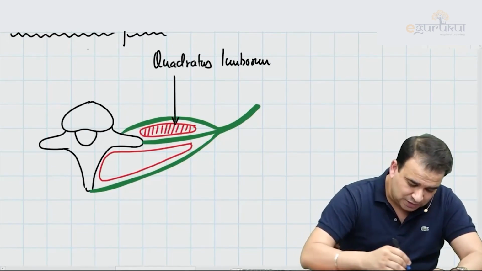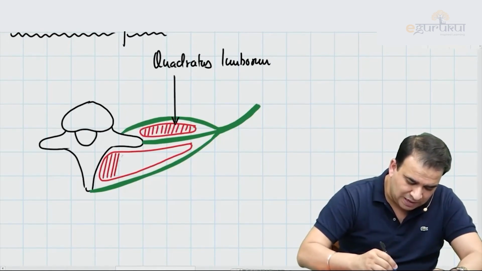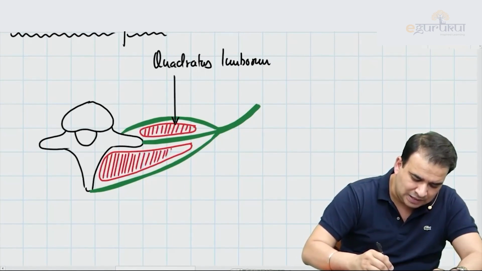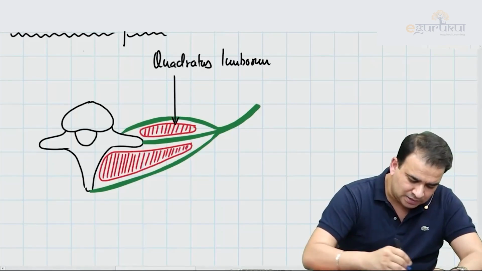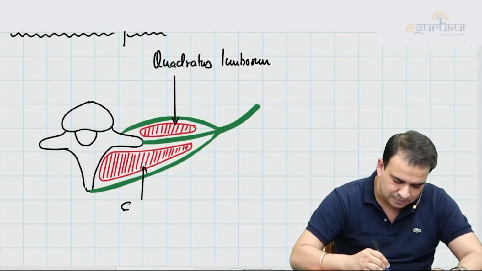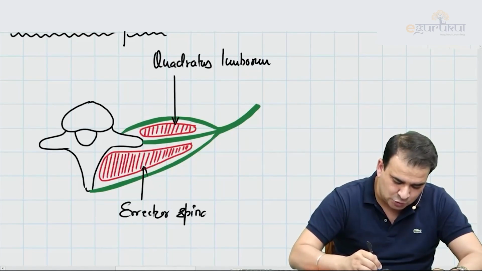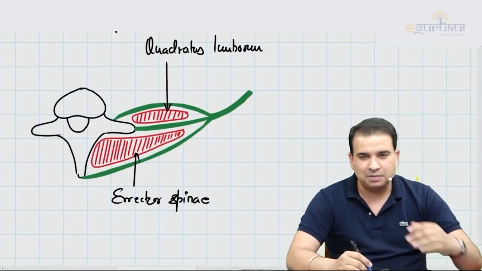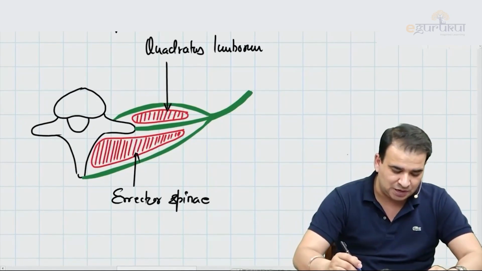And the muscle surrounded by the middle and the posterior lamina is the erector spinae muscle. Erector spinae, the true back muscle which was derived from the epiaxial myotome, is present between the middle and the posterior lamina.